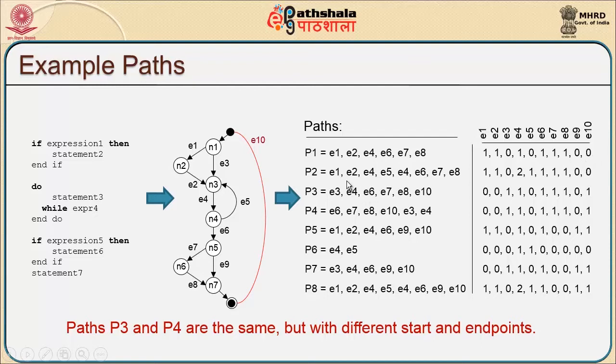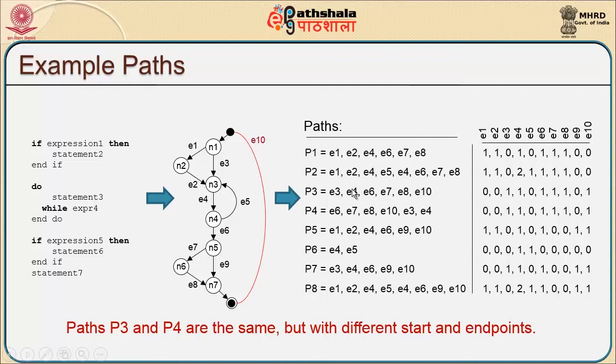Whereas, when you look at the second path, which is P2, it traversed through E1, E2, E4, then I check for a condition, the do, which is E5, again I flow through E4, then go for E6, E7, E8.